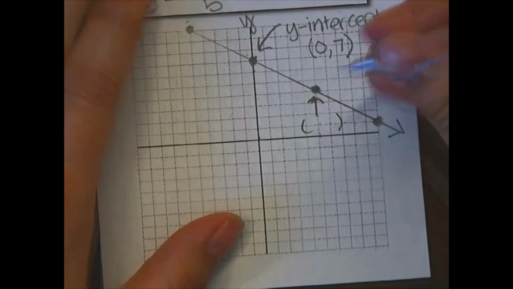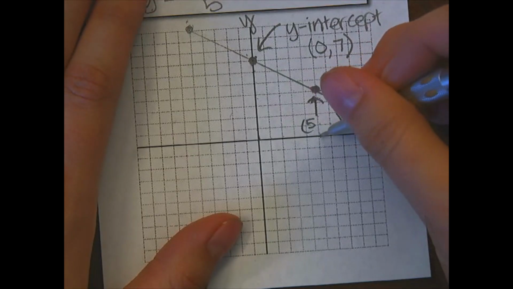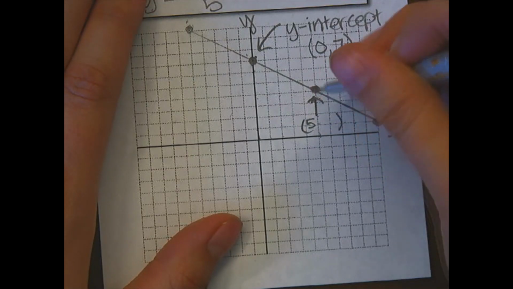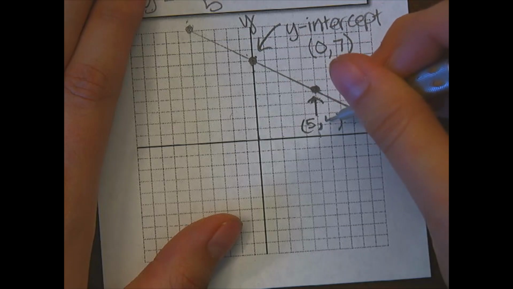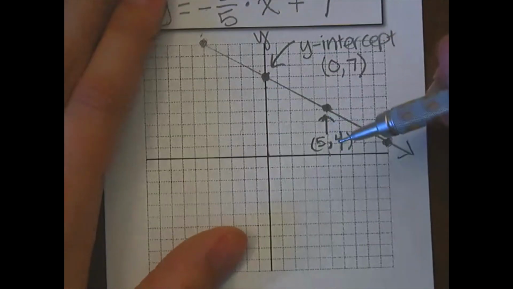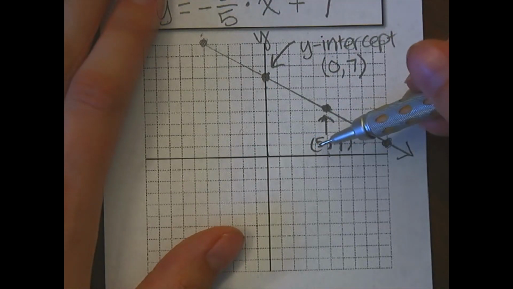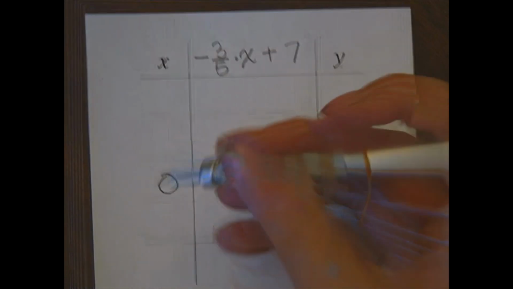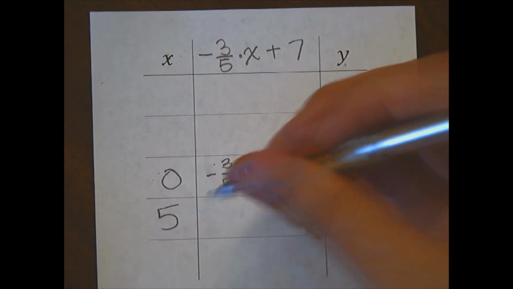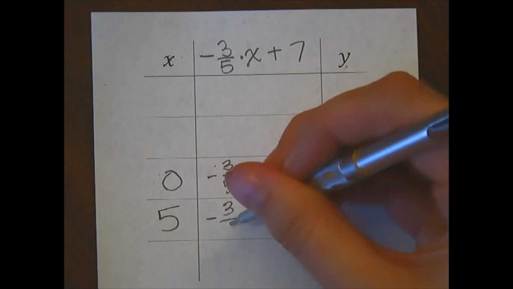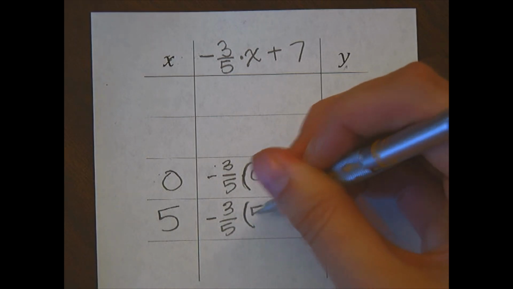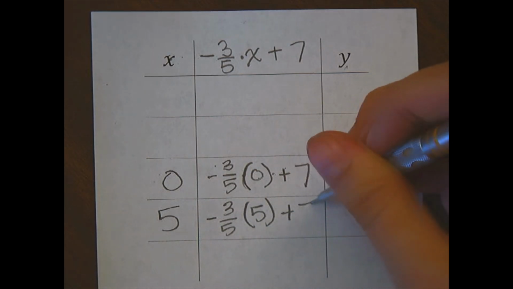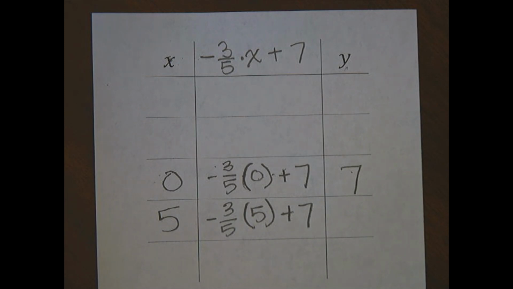Nice. Okay, the x coordinate is 5. And then the y coordinate is positive 1, 2, 3, 4. So (5, 4). So my equation should be able to turn this 5 into a 4 if I've done everything correctly. So let's check that. All right, so my x coordinate is 5. I'm going to take -3/5 times 5, add it to 7, and I'm really going to hope I get 4.